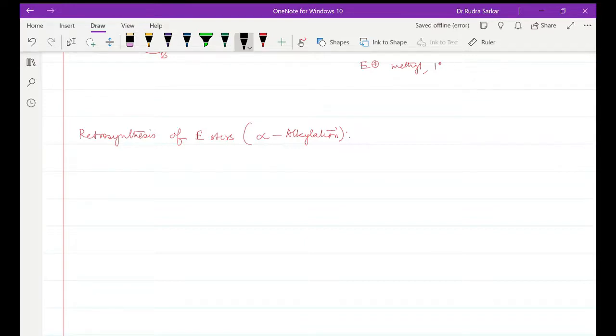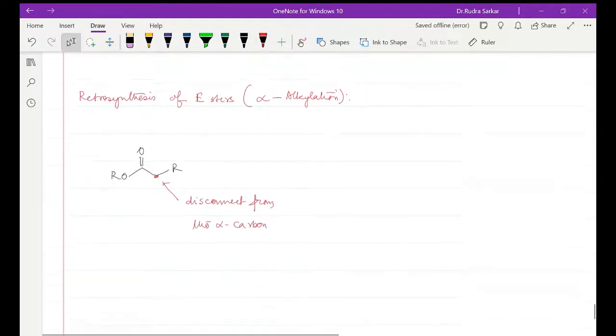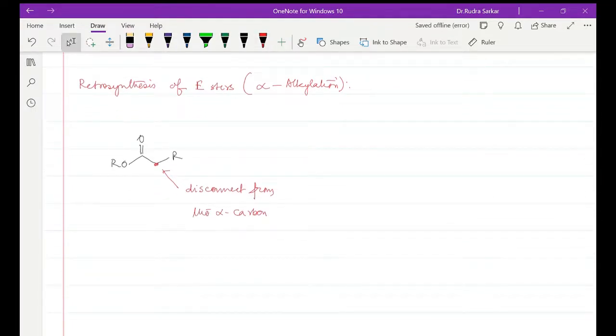So what we can think of is this is our ester molecule. Now this particular carbon is the alpha carbon, so we are saying disconnect from the alpha carbon. This is the group that we are disconnecting.